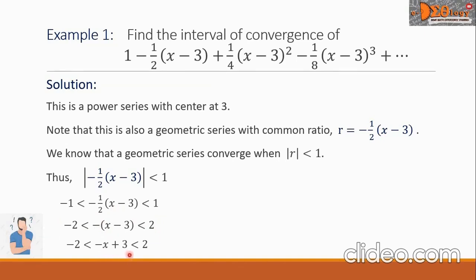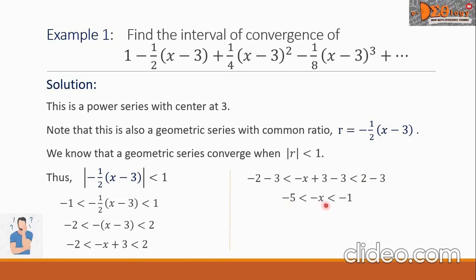We want this positive 3 to be deleted. So the left side becomes negative 2 minus 3, the middle term becomes negative x plus 3 minus 3, while the right side becomes 2 minus 3. Simplifying this, we have now negative 5 is less than negative x is less than negative 1.